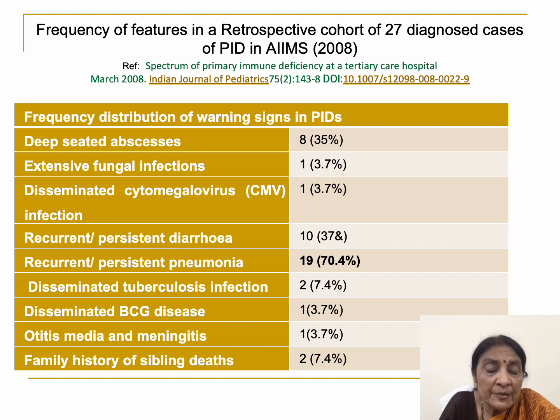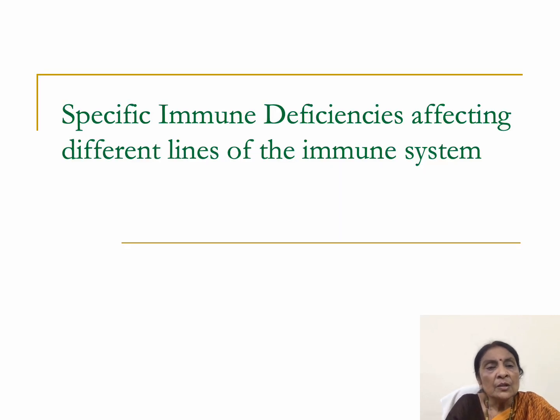There were deep-seated abscess in 35%, extensive fungal infection in 4%, disseminated CMV in 4%, recurrent persistent diarrhea in around 37%, recurrent persistent pneumonia in 70%, disseminated TB in 7%, disseminated BCG in 4%, otitis media in 4%, and family history of sibling death in 7%. So, specific immune deficiencies affecting different lines of immune system.